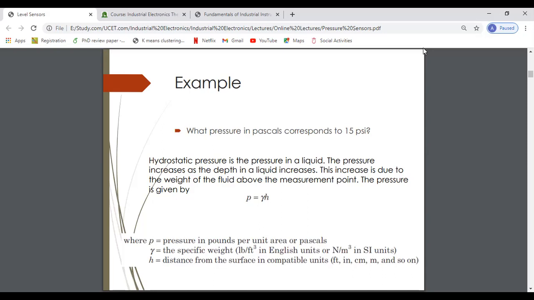Different tables in different books are given to measure these quantities according to the rules, and from them we know that 1 psi is equal to 6.895 kilopascals.